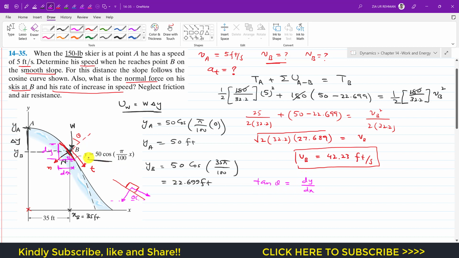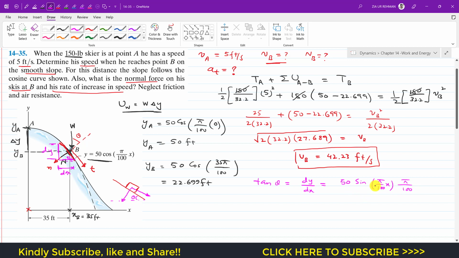So y equals 50 cos of pi divided by 100 x. If we take the derivative of this, that will be 50, and the derivative of cos is sine. So I will write sine of pi divided by 100 x, and then the derivative of the angle, which is pi divided by 100.